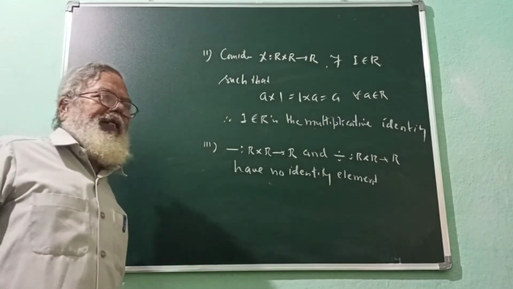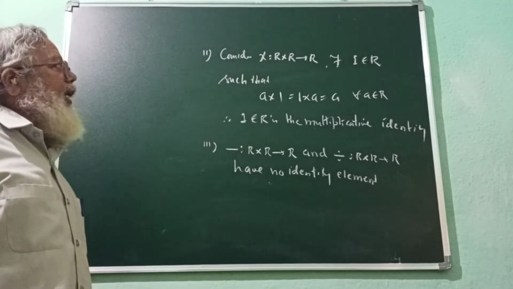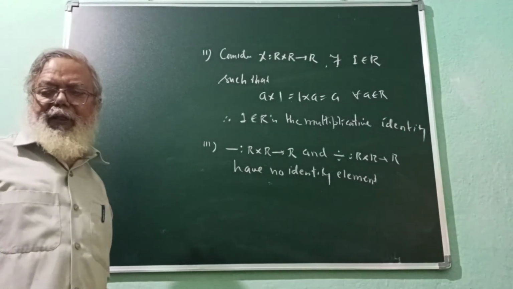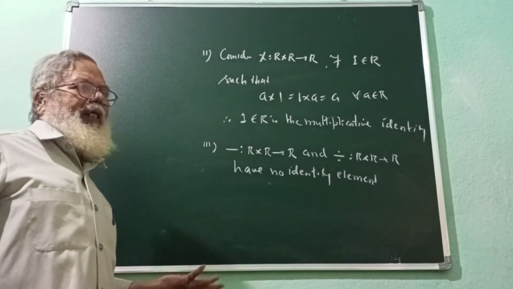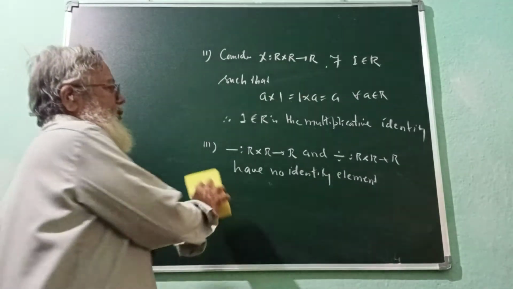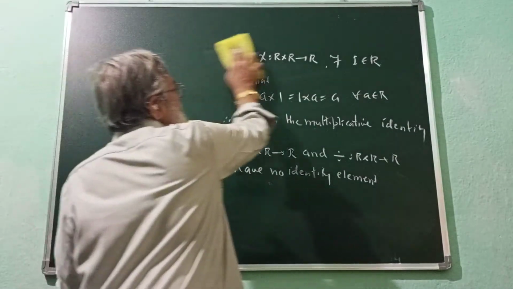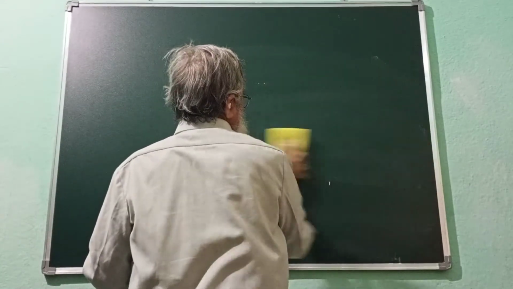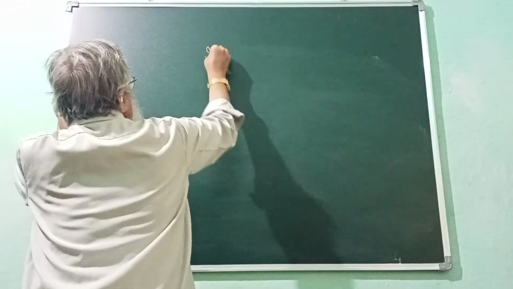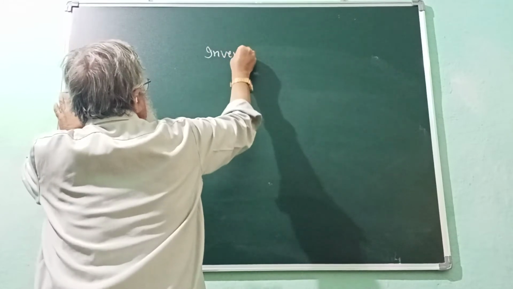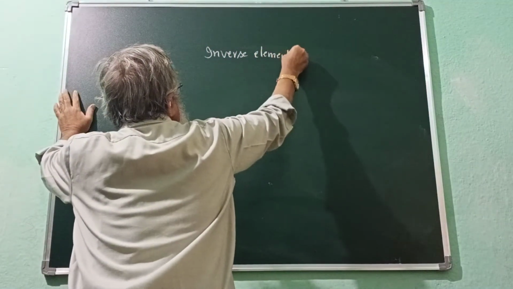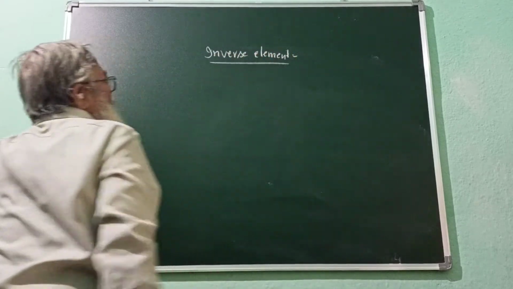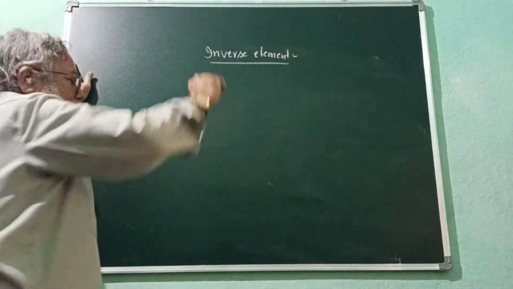Next, one more property we have to define, that is the existence of an inverse element, or when an element will be invertible. Let us define the invertible element.